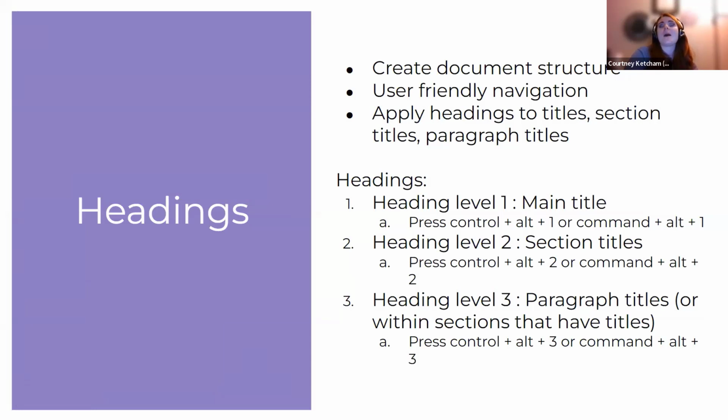However, there are also options that allow you to click around on those programs to create your heading styles. Main titles are going to be typically heading 1. Section titles will be heading 2 typically, and then typically heading level 3 will be those paragraph titles.